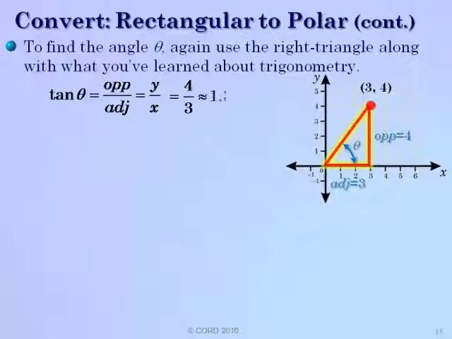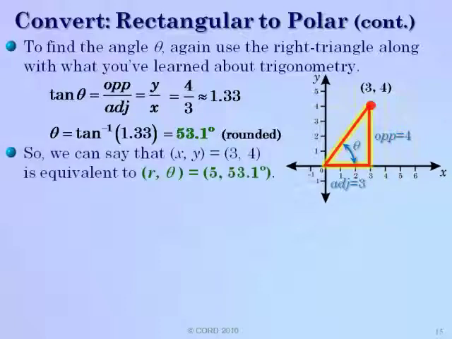So in this case, that'd be 4 divided by 3, or we'll just round it off to 1.33. And the inverse tangent of both sides will tell us what the angle is, and that'll come out to about 53.1 degrees. So we can say that the xy coordinate (3, 4) is equivalent to the r theta coordinate of (5, 53.1 degrees).